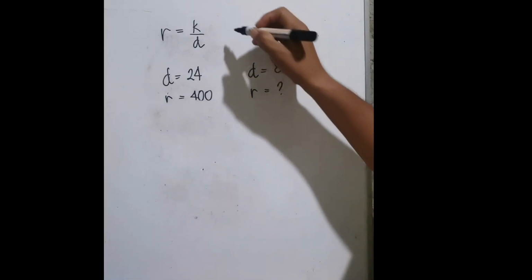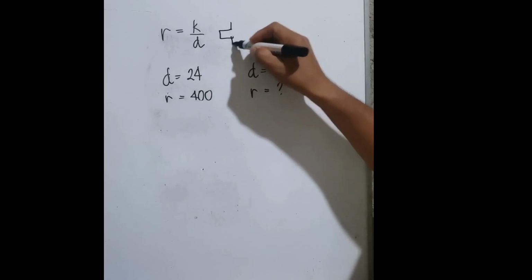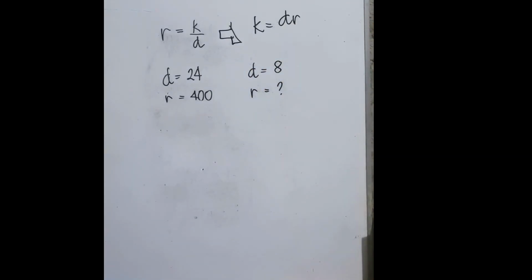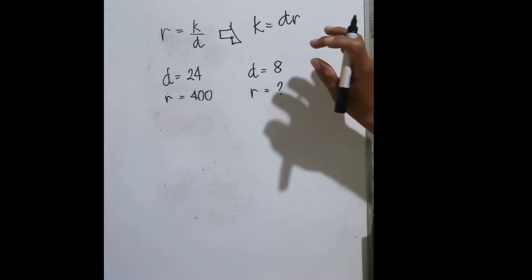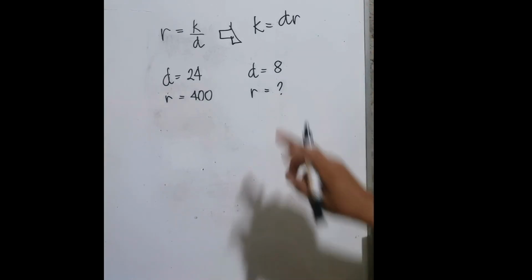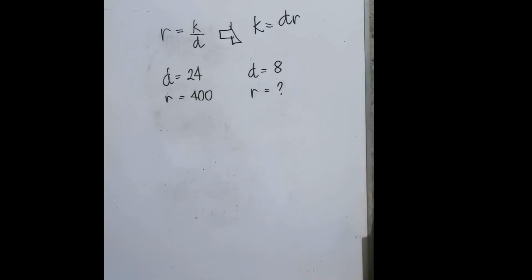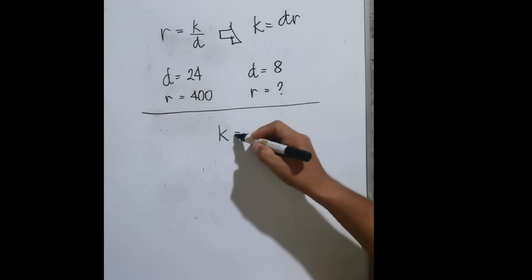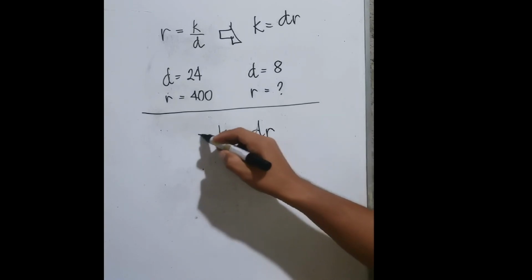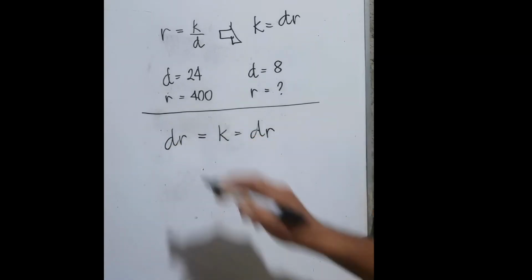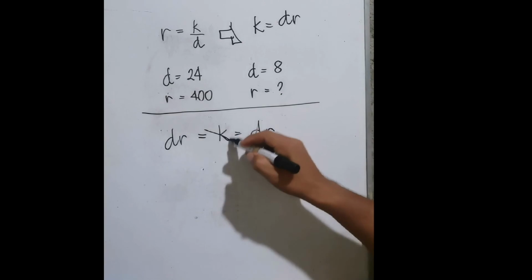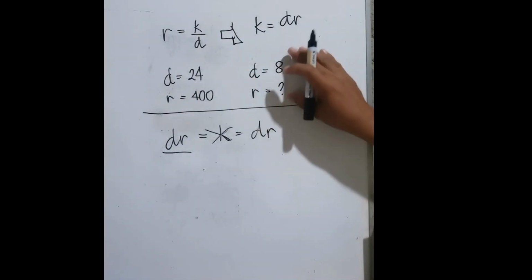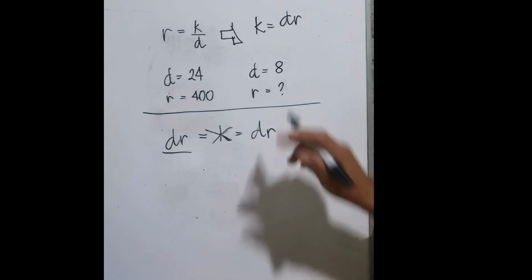We now have the constant of variation, which is k equals d times r, and this is what we will be using to find the revolutions per minute of the smaller pulley. So again, k equals dr, that is equal to another dr. So we will be using dr for this portion and dr also for this part to solve for r.